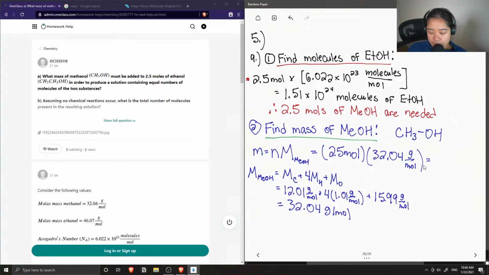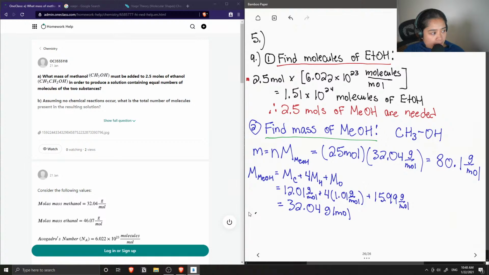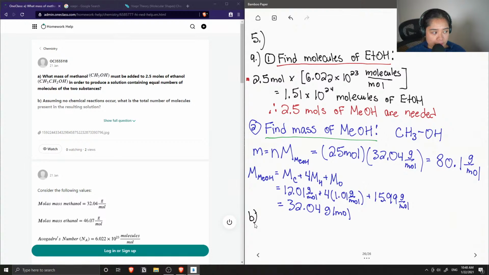If we multiply these two, we get 80.1 grams. Okay, so that's part A of this question. And for part B, it says, assuming no chemical reactions occur, what is the total number of molecules present in the solution?